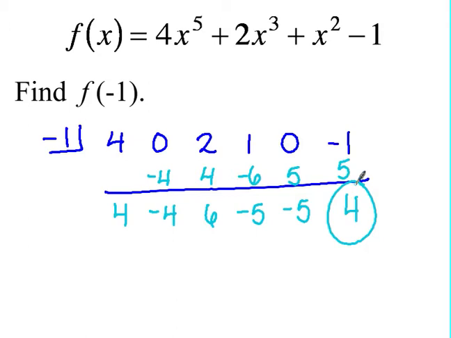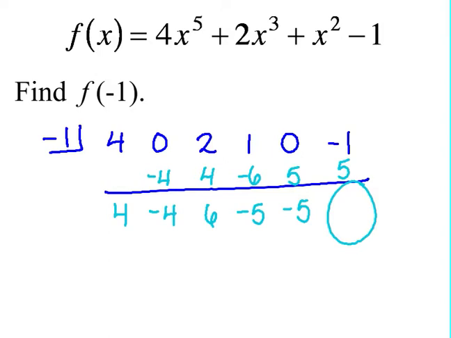Okay, so real quick, hopefully you can see where you went wrong. There might have been a sign that was different. Notice here I brought the 4 down. I took 4 times -1, I get -4. Add the 2 together, you get -4. Wait, just a second. -4 times -1 is 4.